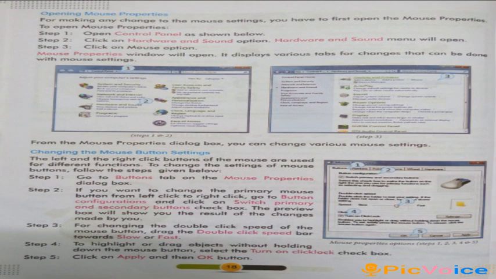Then step 3, for changing the double click speed of the mouse button, we should drag the double click speed bar towards slow or fast. Then step 4, to highlight or drag objects without holding down the mouse button, select the turn on click lock. Then step 5 is click on apply and then OK button.